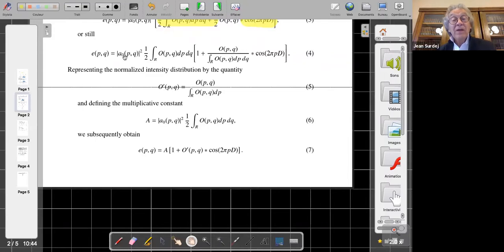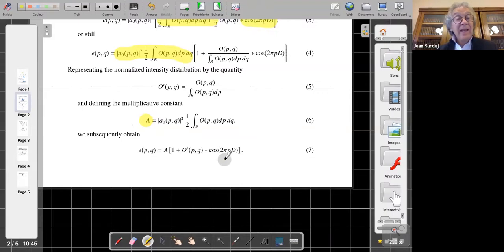Now, this factor, which I will underline, I just rename as the quantity A, so it's more simple. And so we may rewrite this expression in the following form: the surface brightness distribution of the source in the focal plane is equal to the constant A multiplied by 1 plus the convolution product of the normalized intensity distribution of the source by the cosine term that you see here.